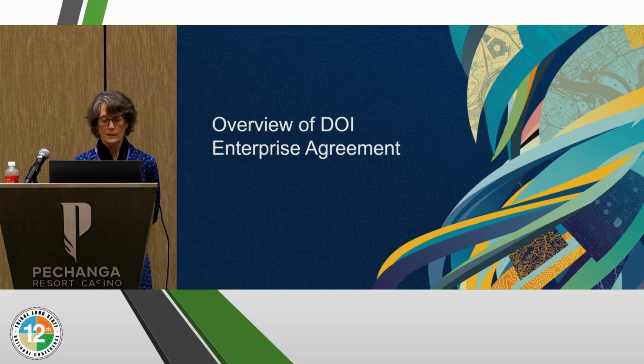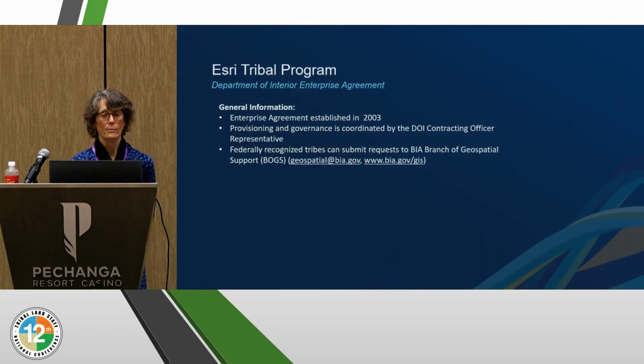So next, I'll talk about our enterprise agreement with the Department of Interior. Essentially, the first enterprise agreement with the Department of Interior and Esri was established in 2003. The DOI contracting officer is really the one who does all the governance and provisioning of the software to the bureaus.